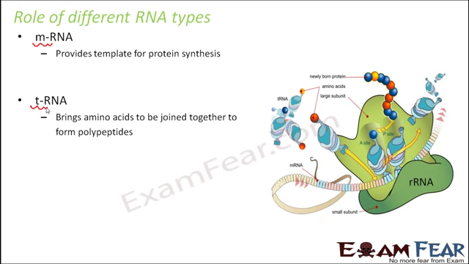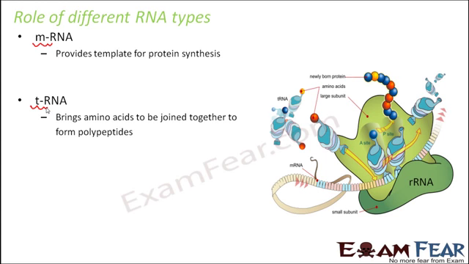So if I say that RNA helps in synthesizing proteins, that means RNA brings a lot of amino acids and they join all the amino acids with peptide bonds, and that is how proteins are formed. Polypeptides give rise to proteins. So transfer RNA will carry the amino acids which need to be joined together to form proteins. That is its job.